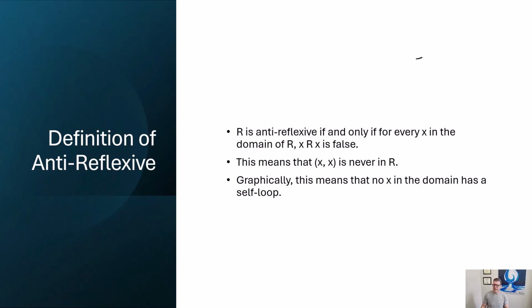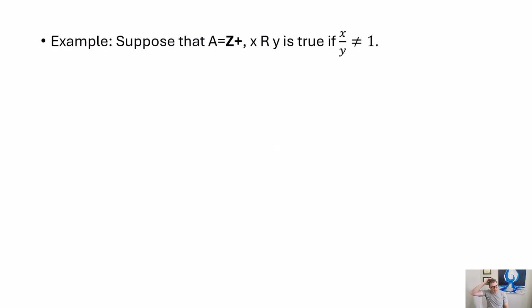So let's take a look at an example. Let's suppose that A is Z plus and XRY is true if x divided by y doesn't equal 1. For XRX to be true, that means that x divided by x doesn't equal 1. But this is false.